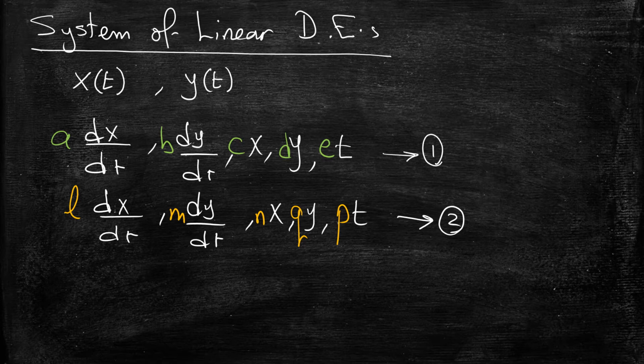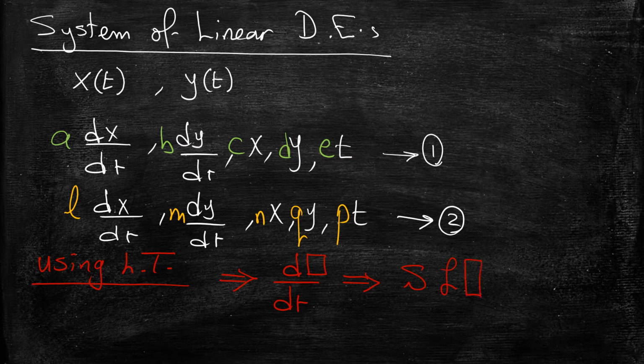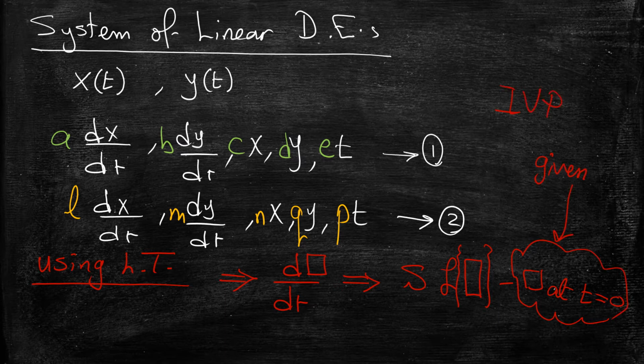Then, if we use Laplace transform, all these derivatives, as we mentioned previously, become the Laplace of the variable times s, minus the variable at t equal to 0. This condition should be given, in what is called an initial value problem.